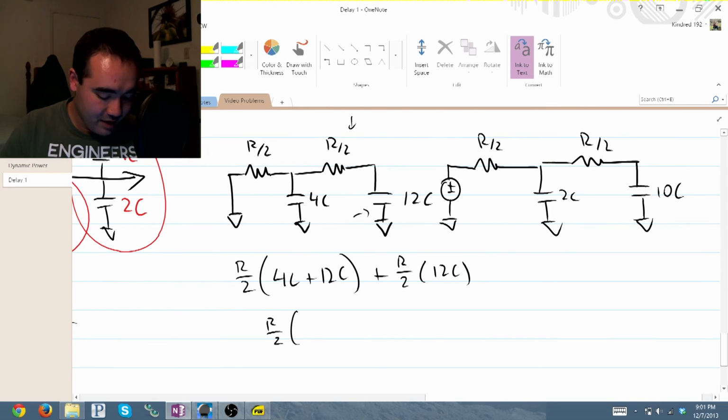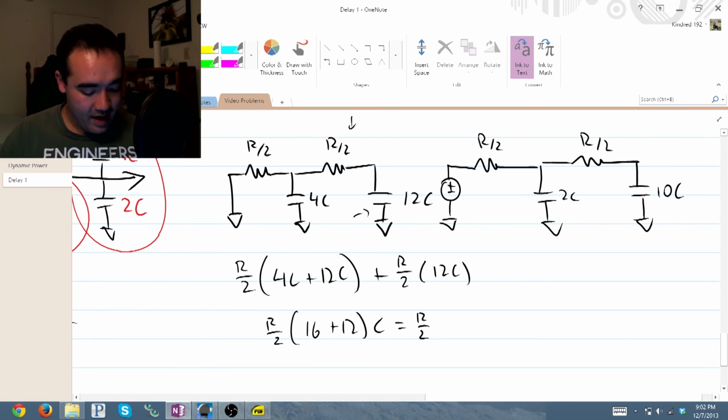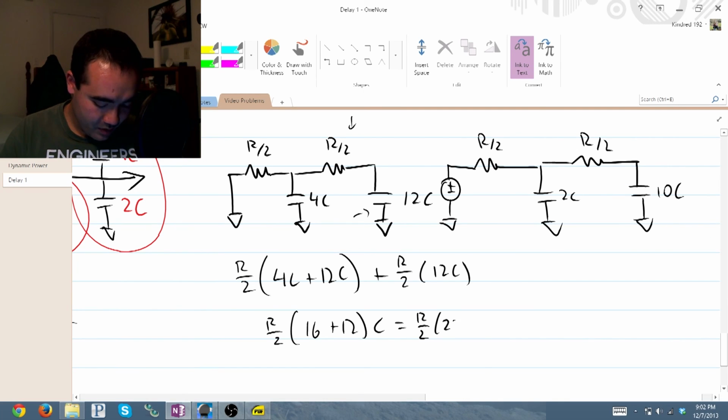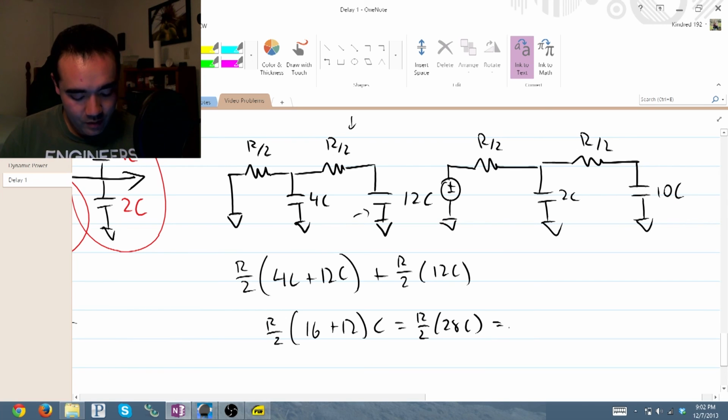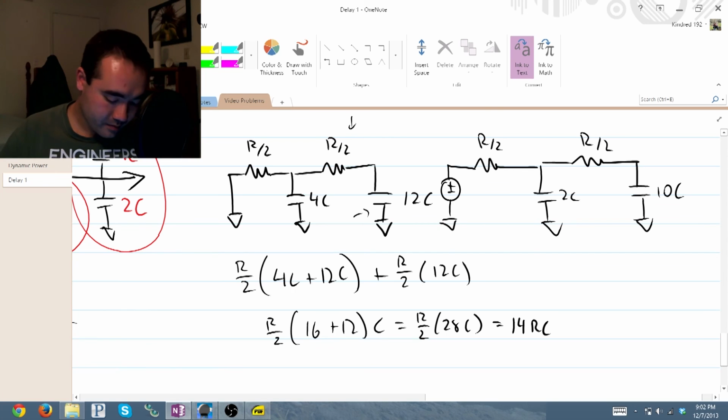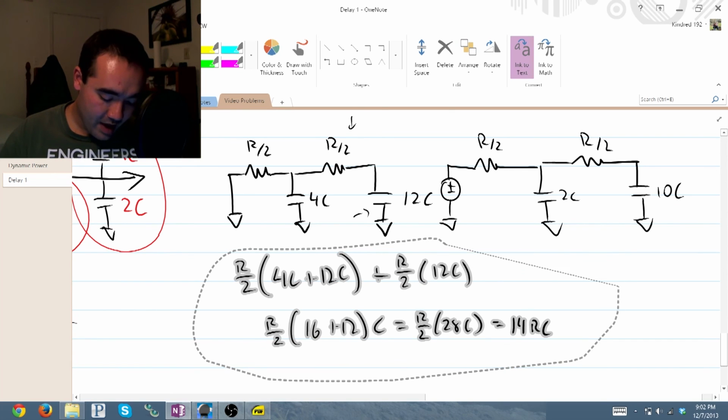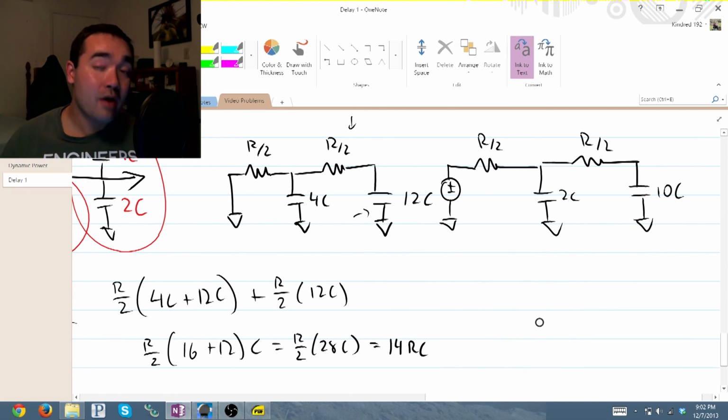This is 16C, that's 12C, so 16 plus 12, which is equal to R over 2 times 28, which is equal to, let's see here, 28 divided by 2 is 14 RC. So, that is the Elmore delay of our first stage.